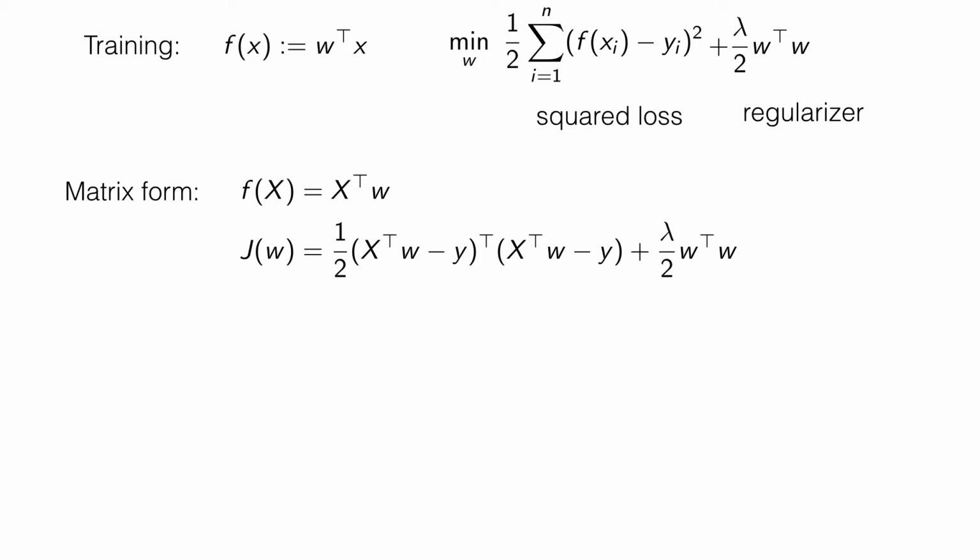So we can use the FOIL method to break apart the inner product here, and we get a quadratic term which is w transpose x transpose x times w. Then we get, I guess you can think of it as a linear term, so it's y transpose x transpose times w. Then we have y multiplied by itself, which doesn't really affect our optimization because it doesn't have anything to do with w. And then we have the regularizer term.